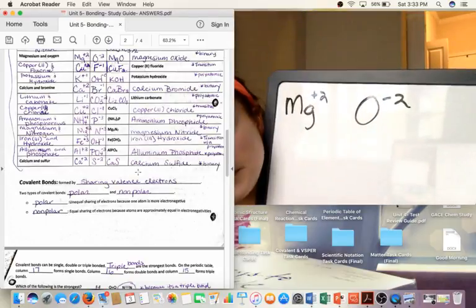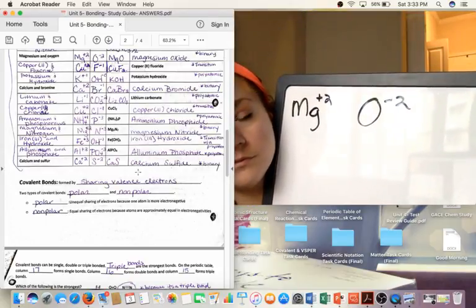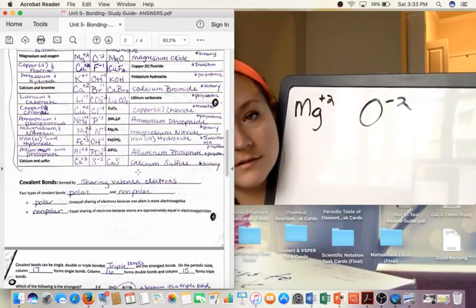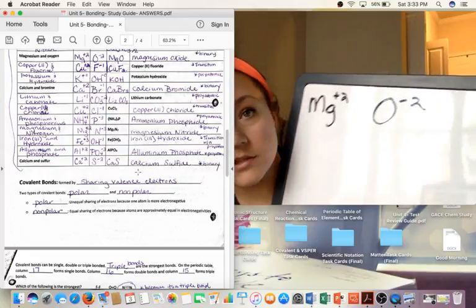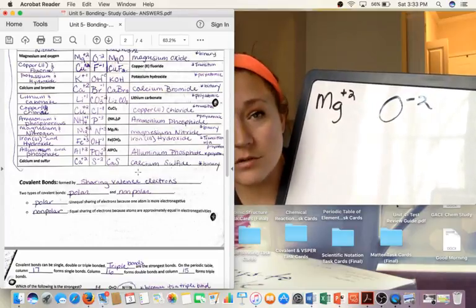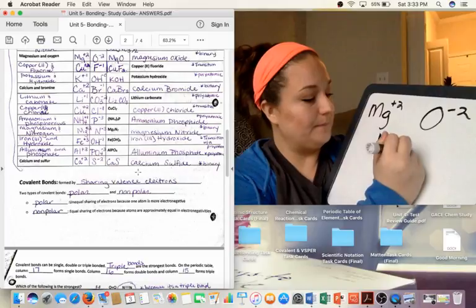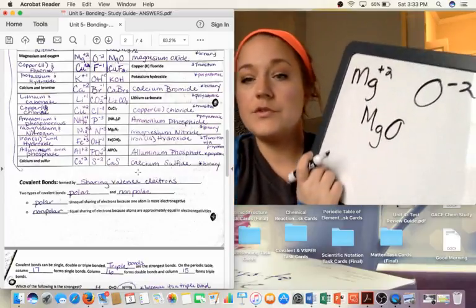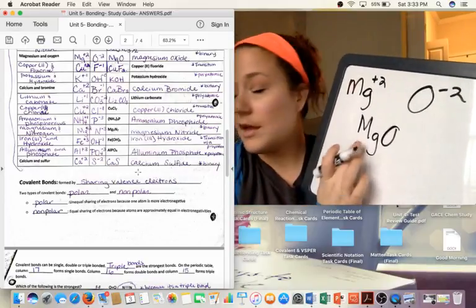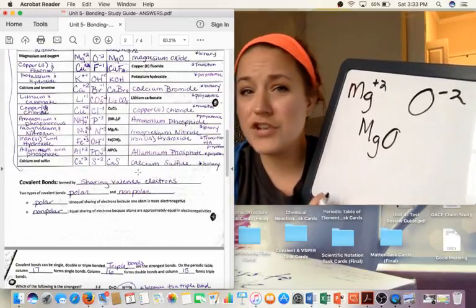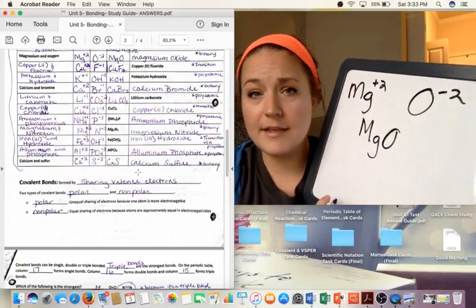So does +2 minus 2 cross each other out and make 0? The answer is yes. So because they do that, the formula is MgO. So writing this, remember that your cation, you don't change the name at all. You leave it as is.